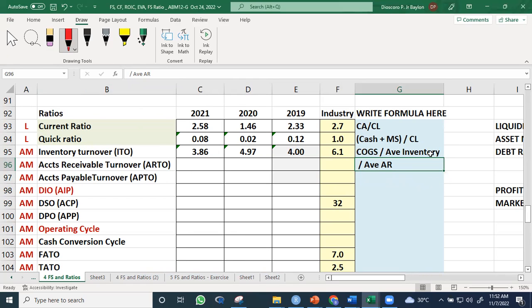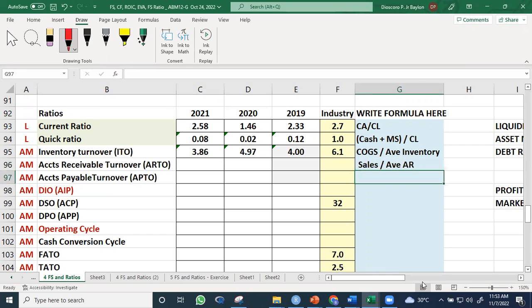Kasi ang partner ni inventory is cost of goods sold. Ano yung partner ni AR? Thank you, Jeremy. You're correct. It's sales. So that's the formula to get your ARTO, sales.